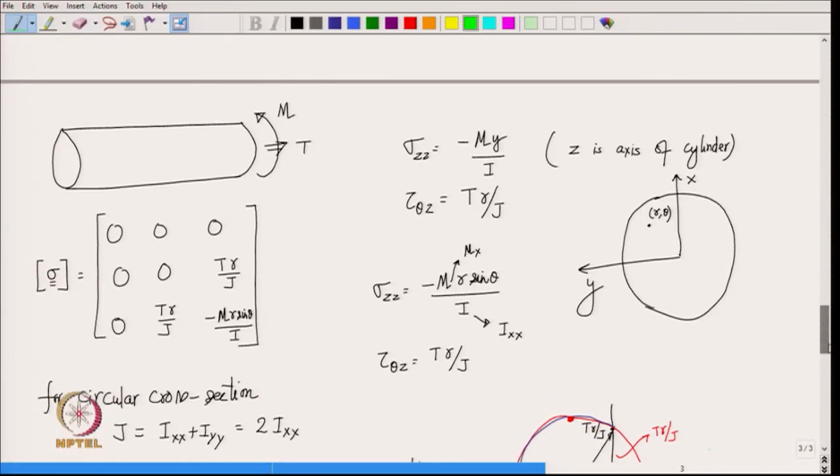So, we have to substitute small r equal to big R, and sin theta equal to 1 for theta equal to 90 degree. So, that means, if we look at the cross section, these points are the points where bending stress is maximum, because here theta is equal to 90 degree and small r is equal to big R.